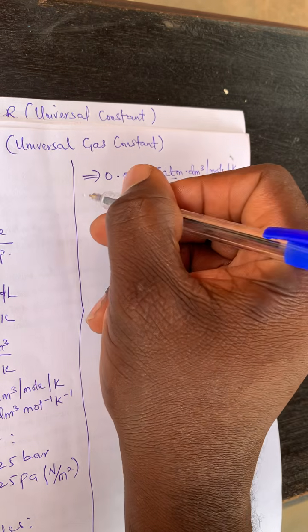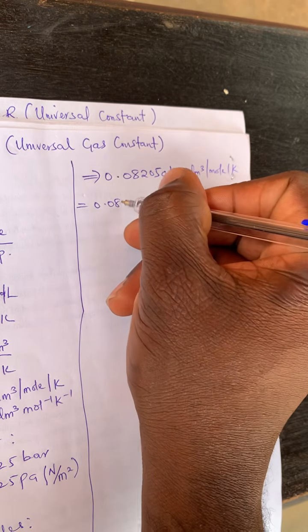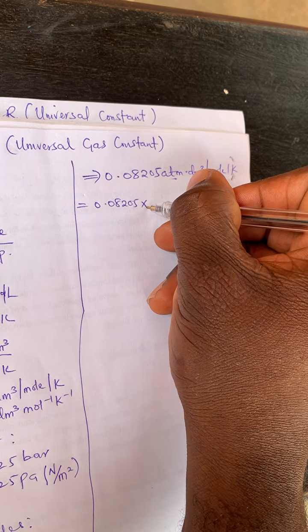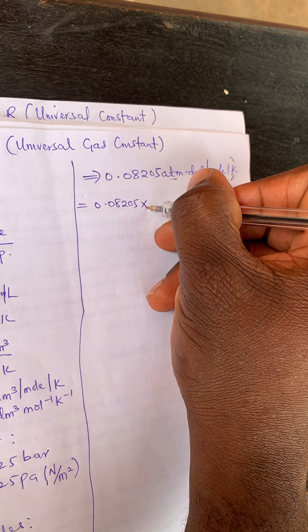So we have 0.08205, and each atm is equal to 101325 Pascal.